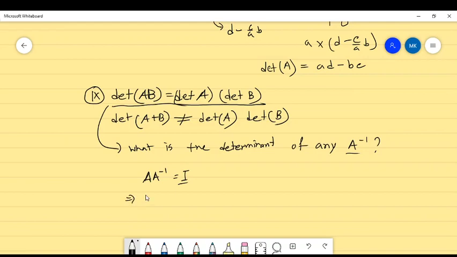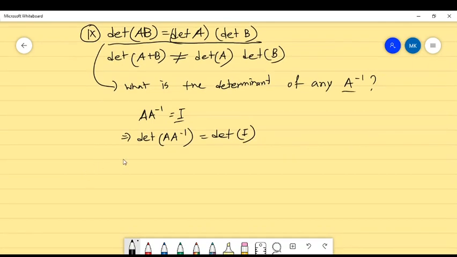So if you take the determinant of both sides, from property 9 you can say that the determinant of A and the determinant of A inverse equals the determinant of an identity matrix, which is 1.